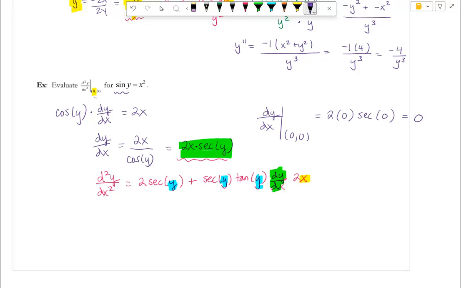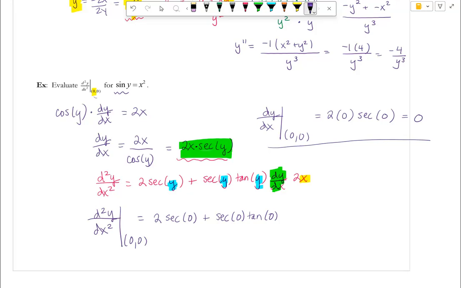When we do that, we can see this is going to save us a lot of time evaluating our second derivative. Now when we substitute 0 for x and 0 for y, we have 2 times the secant of 0 plus the secant of 0 times the tangent of 0 times, well, we just found dy dx at the ordered pair 0, 0 is 0.